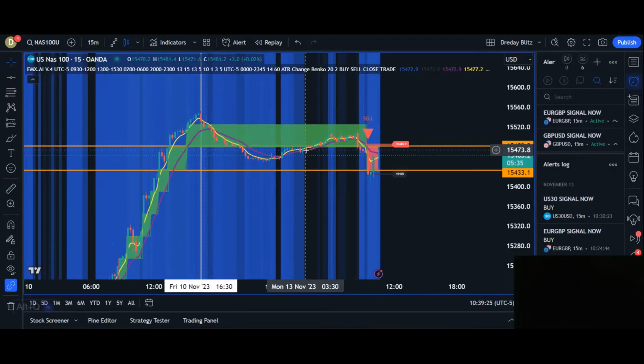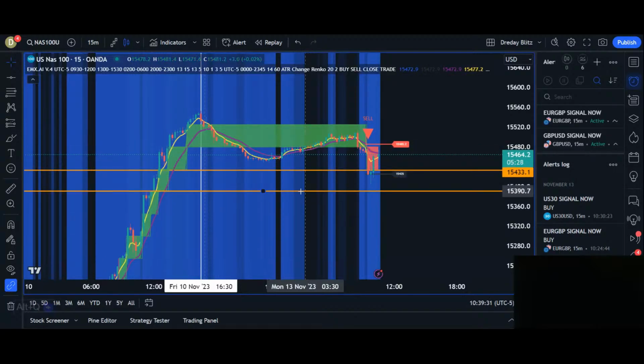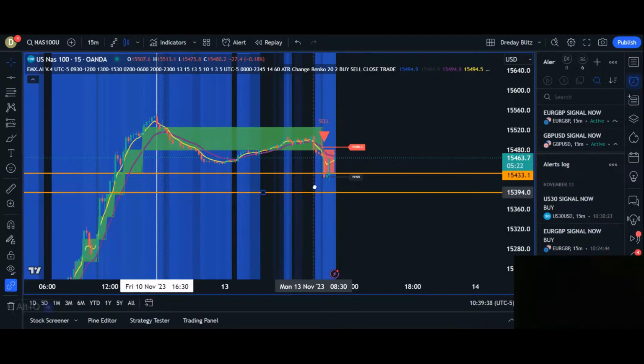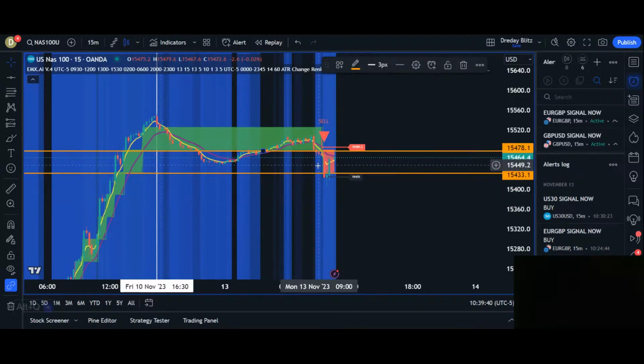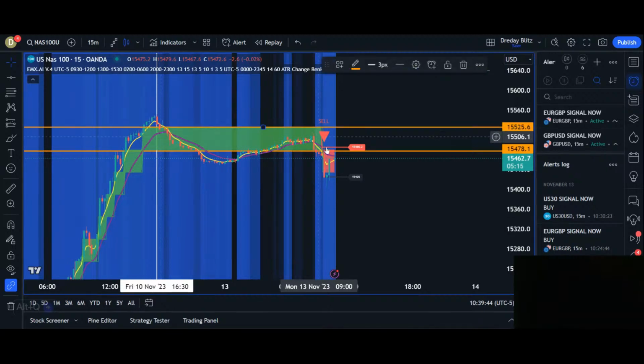So we're expecting the next Renko to be from here to here on the downside, or from here to here if it's going to reverse. So that's why you have to put your stop loss here, and when the next Renko is bearish, your stop loss will be the next Renko.